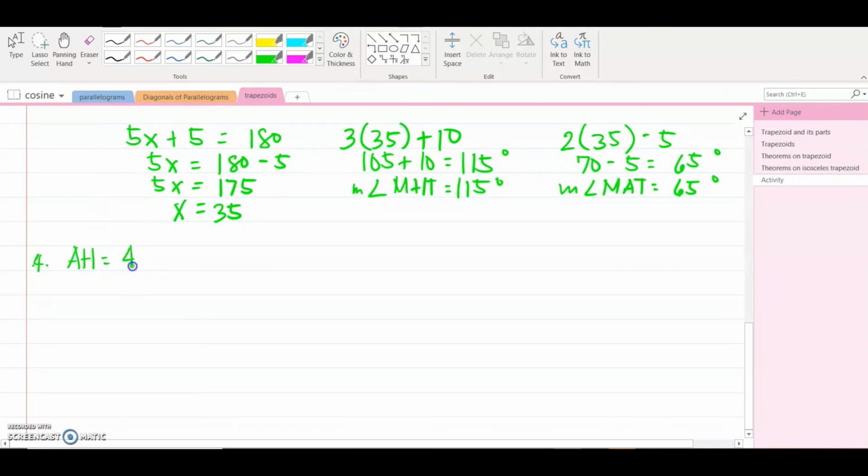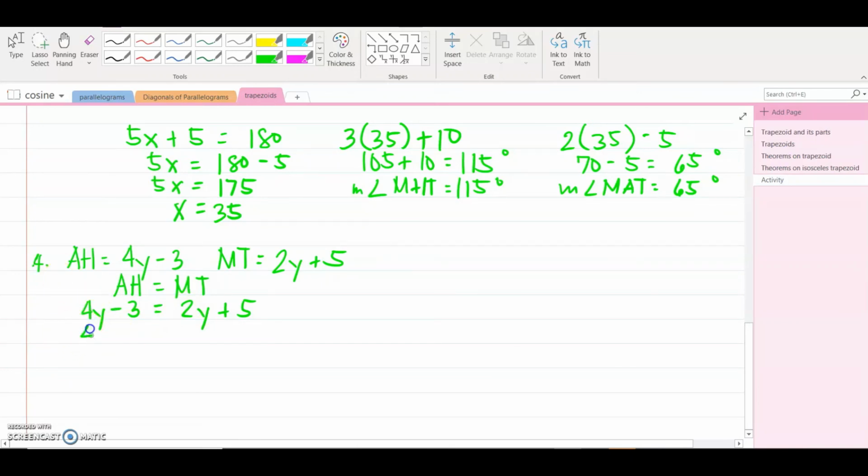AH is equal to 4y minus 3 and MT is equal to 2y plus 5. Since the diagonals are congruent, we can say that AH is equal to MT. Then we can substitute their values. So we have 4y minus 3 equals 2y plus 5. We just combine like terms here.